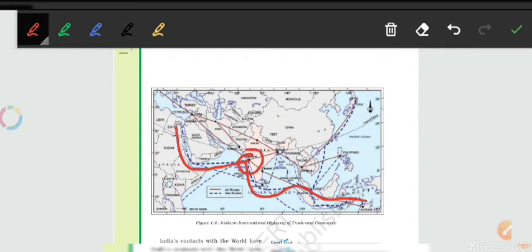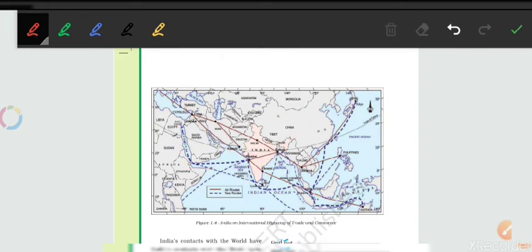So we are connecting to all other parts of the world with the sea route as well as the air route. And from this point, this is Kolkata, and the name of that port is Hooghly port. So we are connecting with the other parts by airlines as well as the sea route.